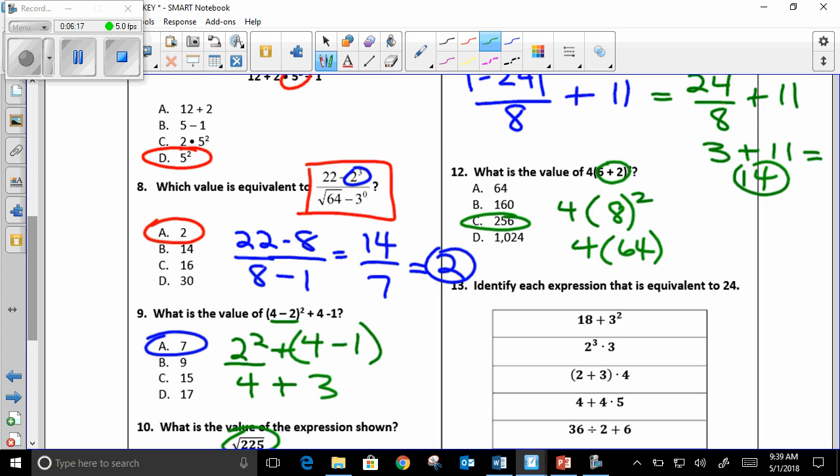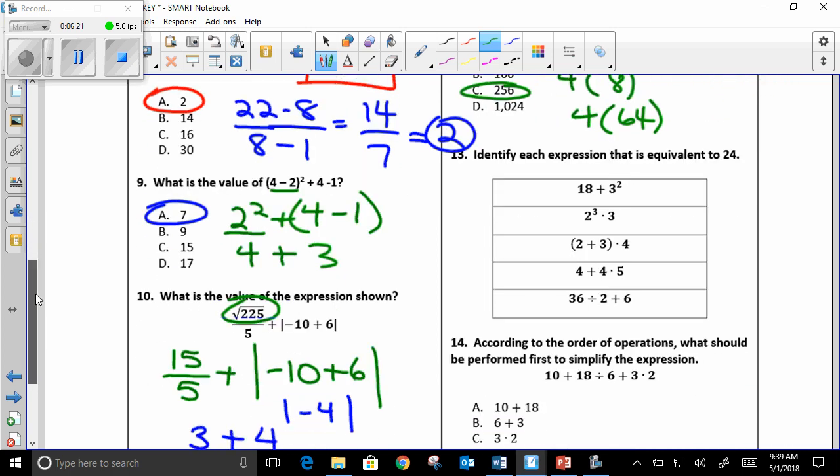Number 13, identify each expression that is equivalent to 24. Julia. Okay, this is one, correct? What's the other one? Are there any others? Yes, is there? There's one more actually.